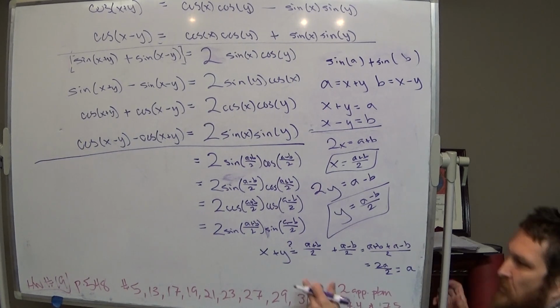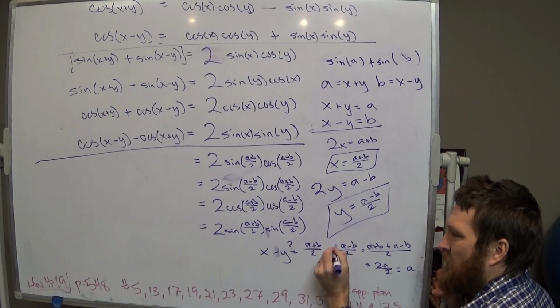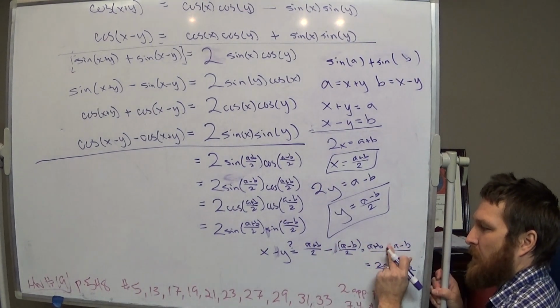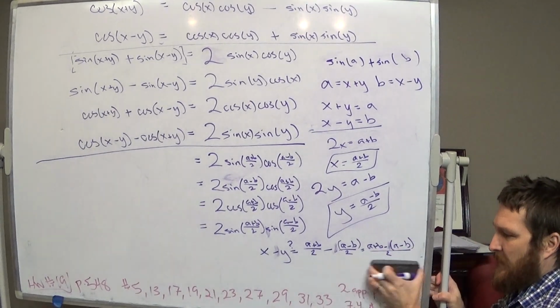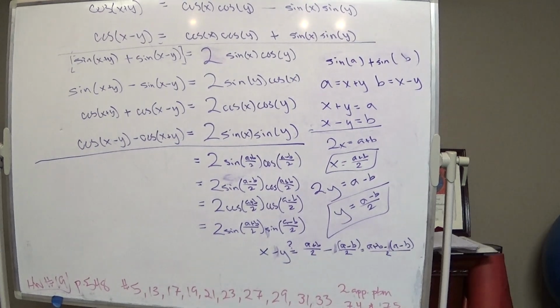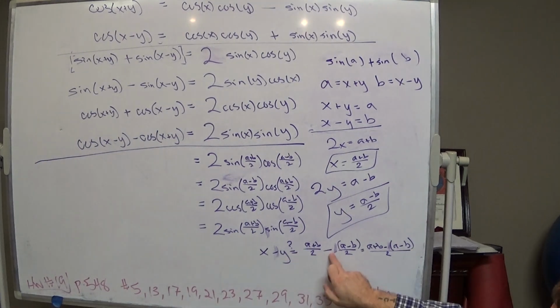That's nice. Let's try the x minus y. That changes that to a minus, and so minus that stuff. Everybody catch that? Just double check me on that. Did I do that right? x minus y. x is that, minus y is that.